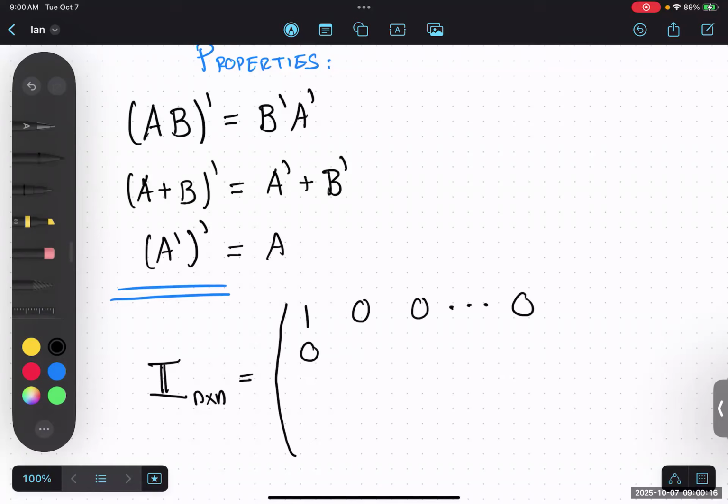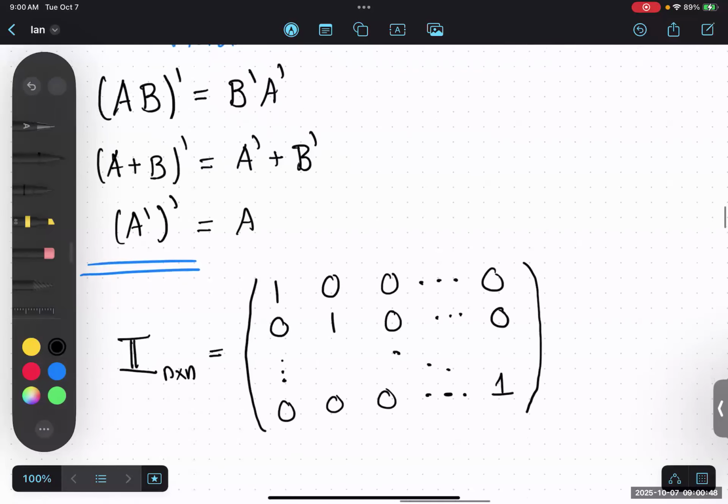In the second row, you will have 0, 1, 0, and then you continue with zeros. You will continue the same way until you get to 0, 0, 0, and you will continue, but now you will end with 1. So you only have ones in the main diagonal and zeros above and below the main diagonal.